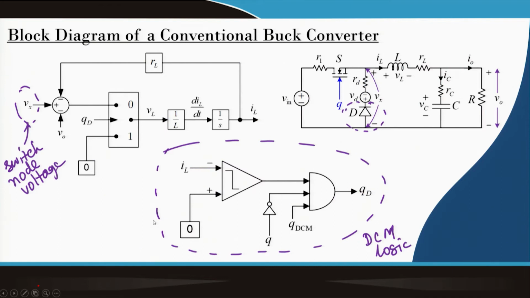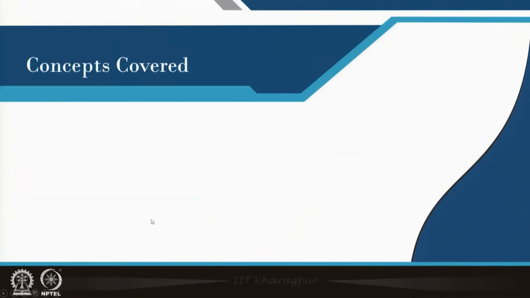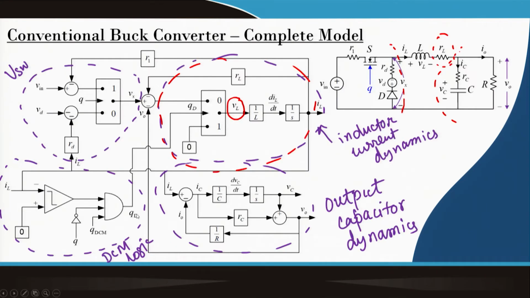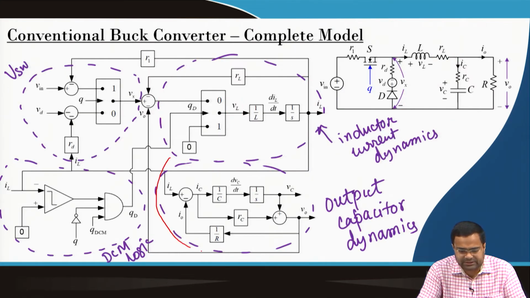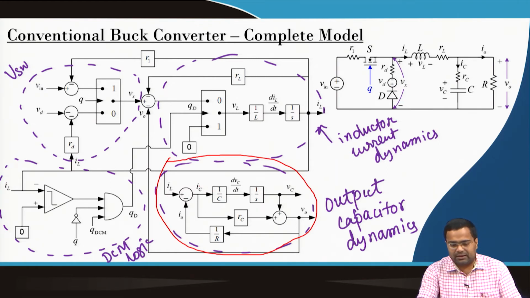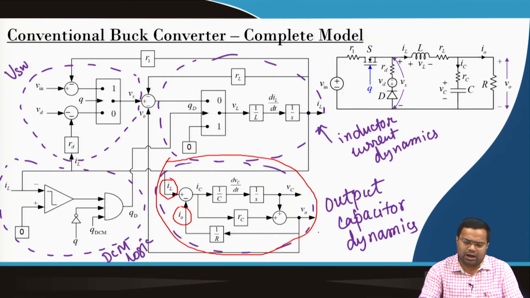If you go to the previous slide, okay, this is my capacitor dynamics. What is the input to the capacitor dynamics? One input is the inductor current, and the other input is the load current. The output is the capacitor voltage and output voltage. So, you can keep capacitor voltage and output voltage.